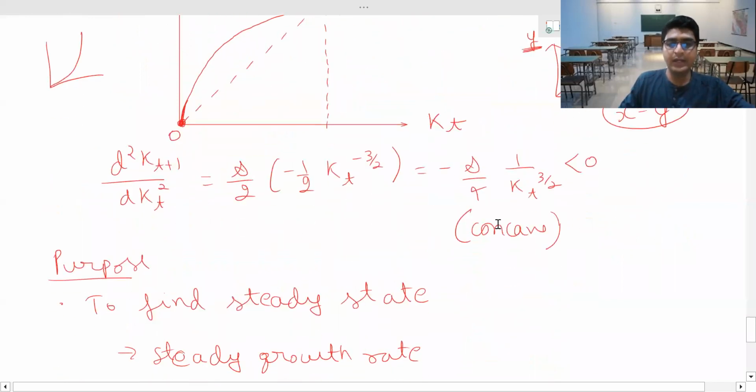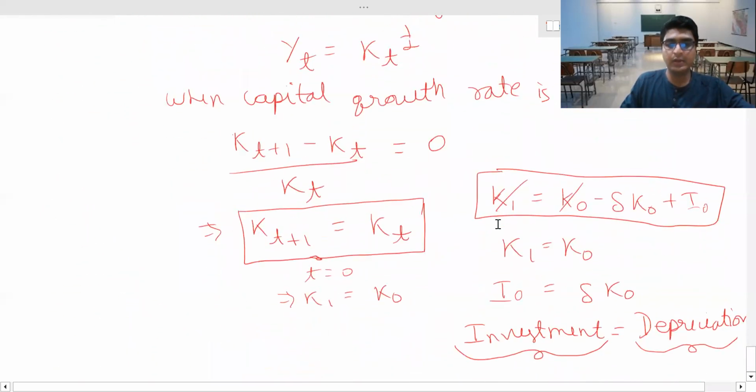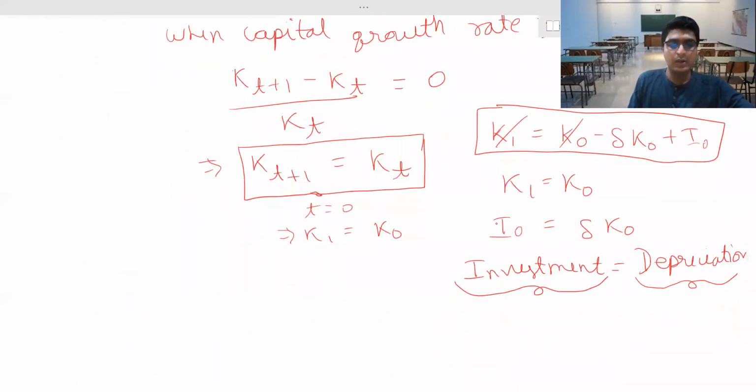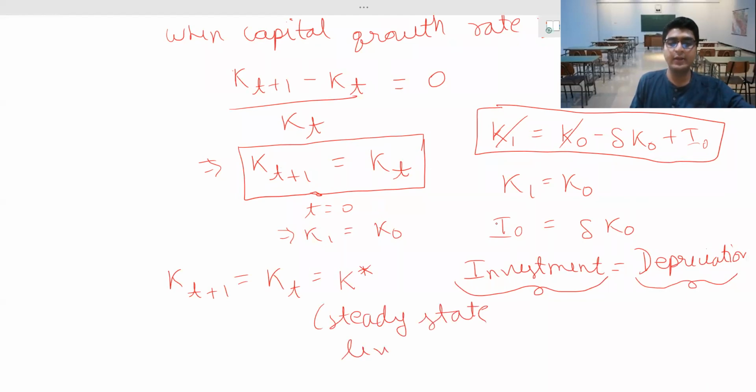Okay, and wherever this holds, this equation K_t equal to K_{t+1} holds, we call that particular capital K star. Okay, and we call it steady state level of capital. Steady state level of capital.